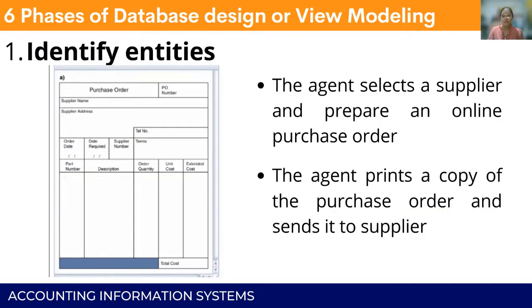Then the agent selects a supplier and prepares an online purchase order. This is an example of the purchase order, which contains importantly the purchase order number, supplier name, supplier address, part number, description, order quantity, unit cost, and total cost. Then the agent prints a copy of the purchase order and sends it to the supplier.